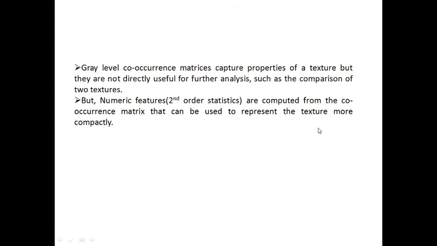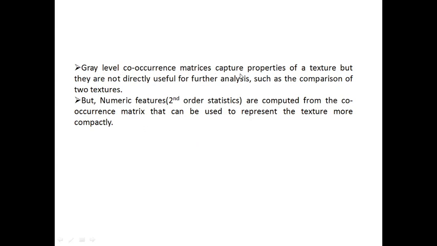Like in the given image I may have a cat, or I may have a dog. So the dog and the cat are two different textures. If I am given a testing texture, I need to categorize whether that texture belongs to a dog or a cat. We will see how to do that kind of analysis now.